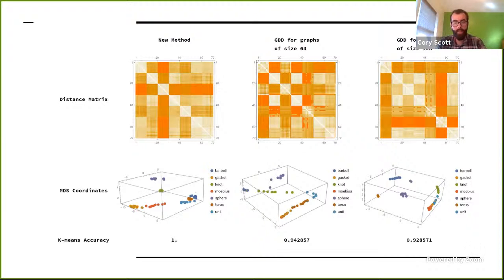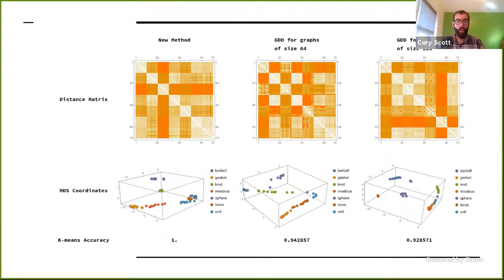I know that the slide is throwing a lot at you, but the basic idea is if we do that and then compare it to directly doing the graph diffusion distance between the two graphs in question, we end up getting a representation or a distance that is much more robust than just graph diffusion distance or other graph distance metrics.